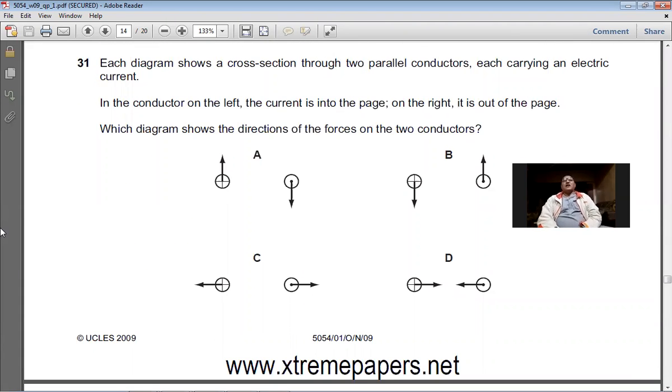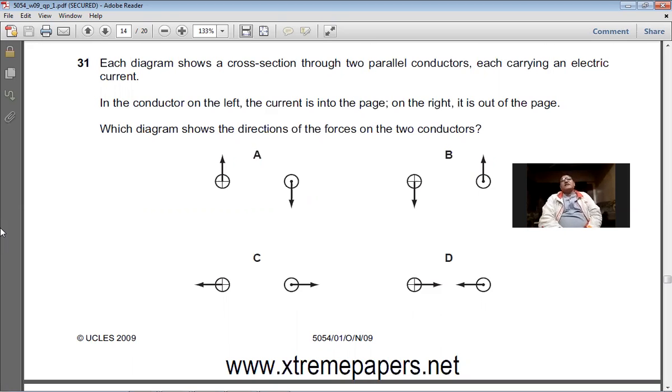Each diagram shows a cross section through two parallel conductors, each carrying an electric current. In the conductor on the left, the current is into the page, and on the right, it is out of the page. Which diagram shows the direction of the forces on the two conductors? Both these parallel conductors have current in opposite directions.